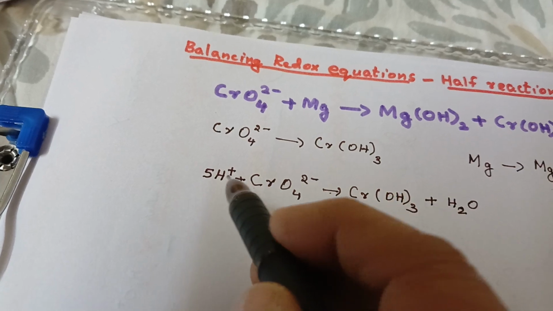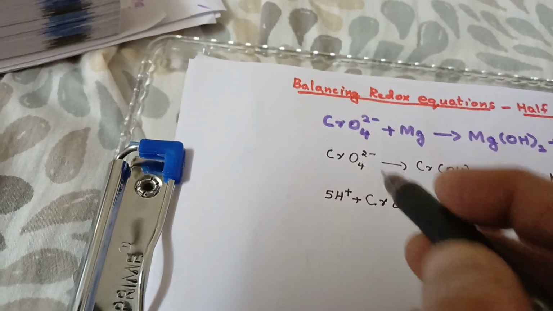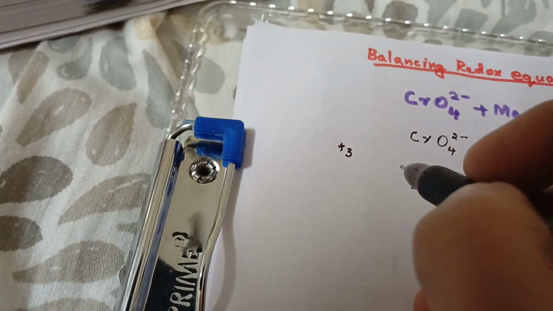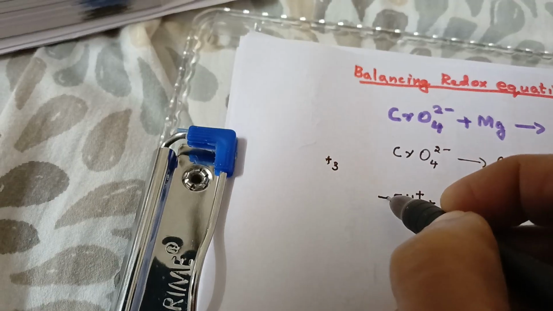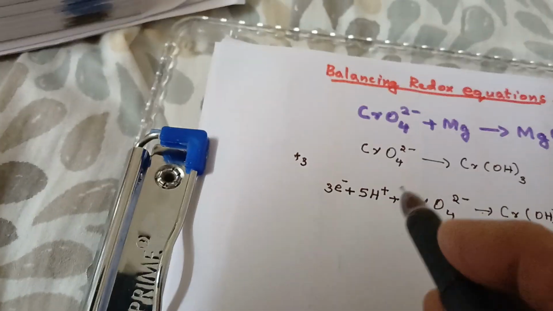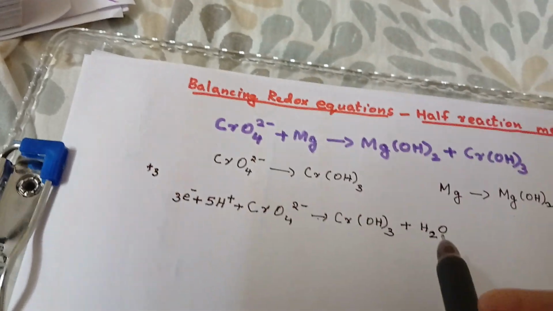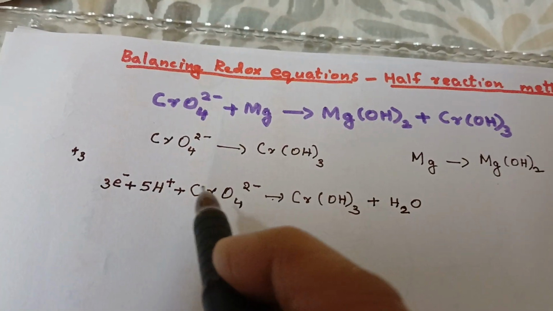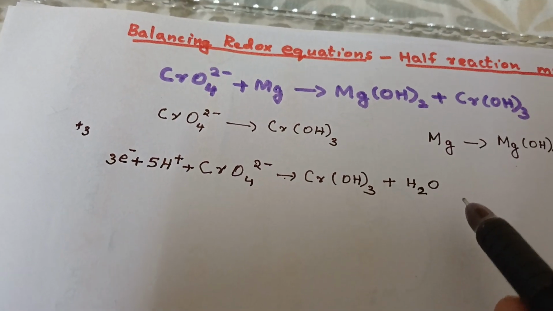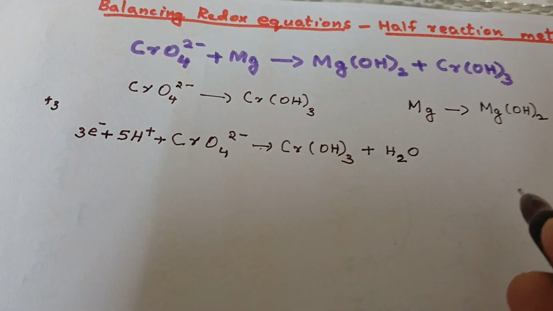So minus 2 and plus 5 gives a resultant charge of plus 3. So let us balance that by adding 3 electrons. Now the charges on both sides are equal. Here it becomes 0 and here also it is 0. So charges are also balanced.